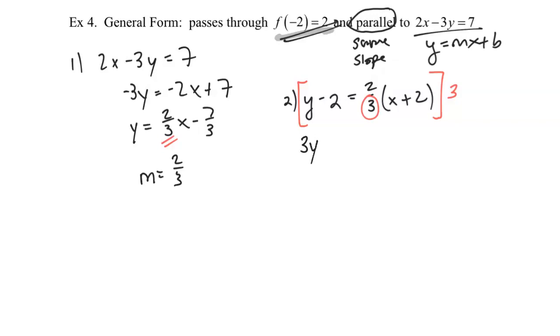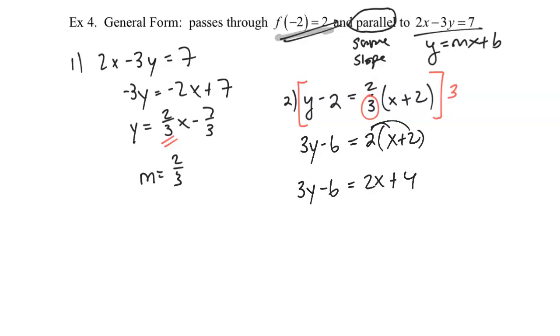So this is going to be 3y subtract 6, which is going to equal 2 multiplied by x plus 2. I'm then going to distribute my 2 into this parentheses, and so that gives me 3y minus 6 is equal to 2x plus 4.